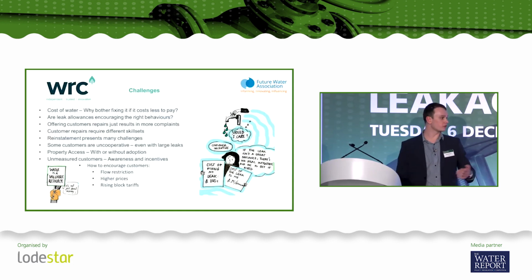And then we discussed how we can help customers, and discussed a lot of the findings that many people have had: the more help you give to customers, the less they like you, and it leads to a lot of negative customer interactions due to poor reinstatement and things like that. And there was also discussion around uncooperative customers, that, as Martin mentioned, a lot of customers won't allow you access to the property, won't talk to you, etc.